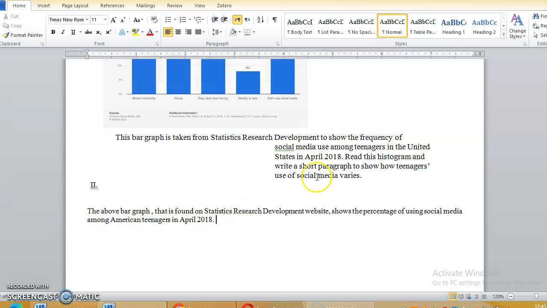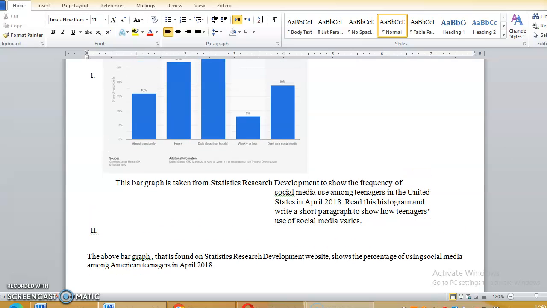Now, I need to start analyzing the graph. As for teenagers who use social media almost constantly, the percentage was, because it's in April 2018, so I have to use past tense, was 16%.